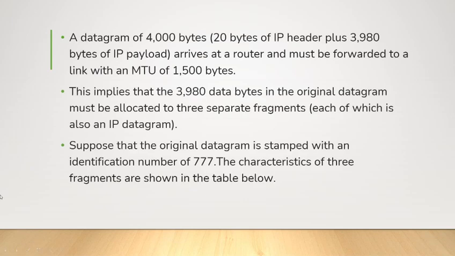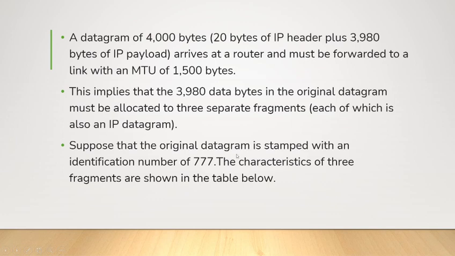As I already said, there is a 4000 bytes datagram which we need to transfer through a router having an MTU value of 1500, and this implies that the 3980 data bytes in the original datagram must be allocated to 3 separate fragments, each of which is also an IP datagram.